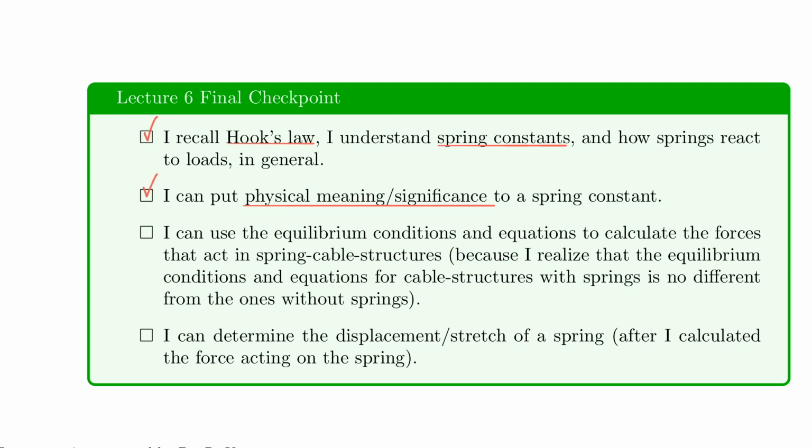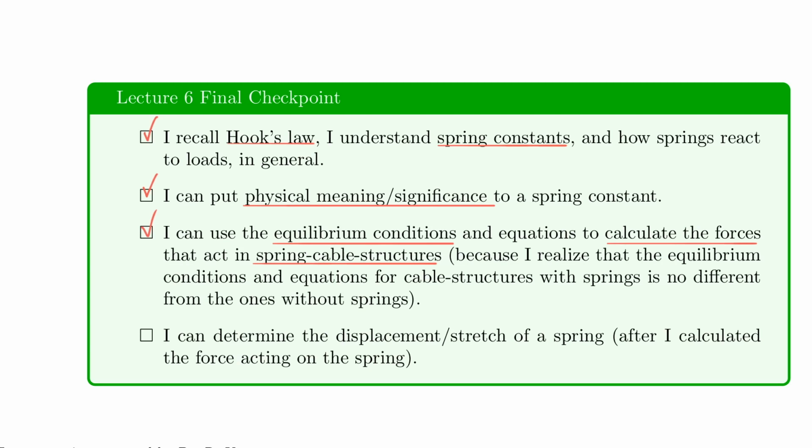And then you understand that the equilibrium conditions are really not different for spring problems. And you can calculate the forces in those spring cable structures, because it is just what we did in the last lecture with some add-on. So we understand that.